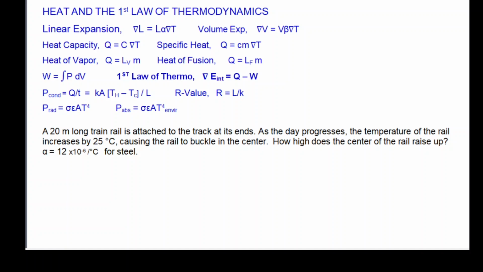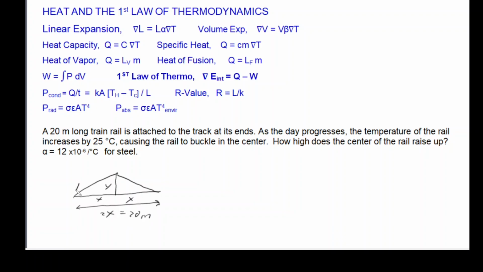So let's make a little bit of a diagram. Here's our rail, and we'll assume that as the day progresses, it heats up and it buckles in the center a distance y. And we're going to call the original distance of 20 meters, we're going to call that 2x. So that's x and that's x.